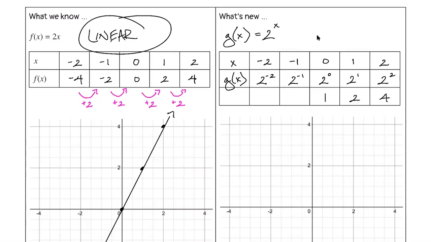So that 1/2, I think there's a rule about exponents where when we have that negative exponent, it's the same as writing that base to the power, but in the other side of the fraction line. So 2 to the -1 is really the same as 1/2 to the first power.